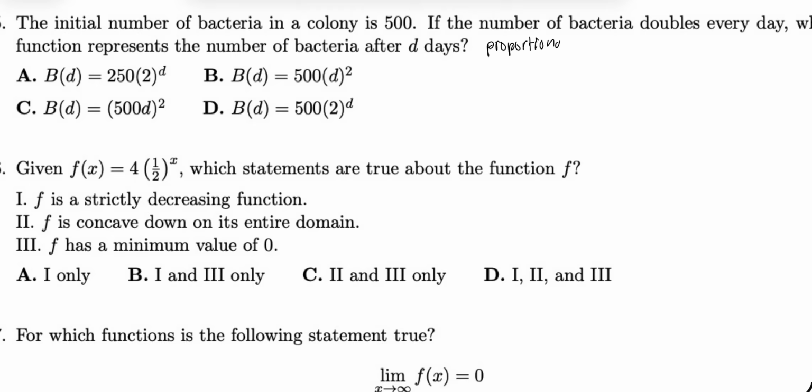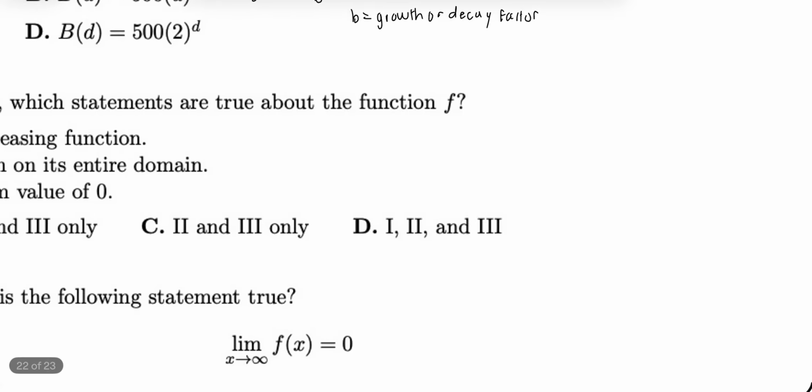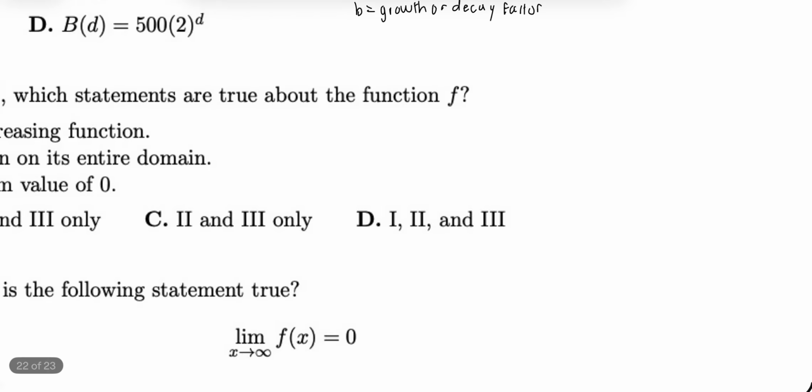Proportional change. In general, exponential functions are modeled as f of x is equal to a times b to the power of x, where a is your initial value, and b is your growth or decay factor. Now, we know that the initial number of bacteria in the colony is 500, so a is equal to 500.